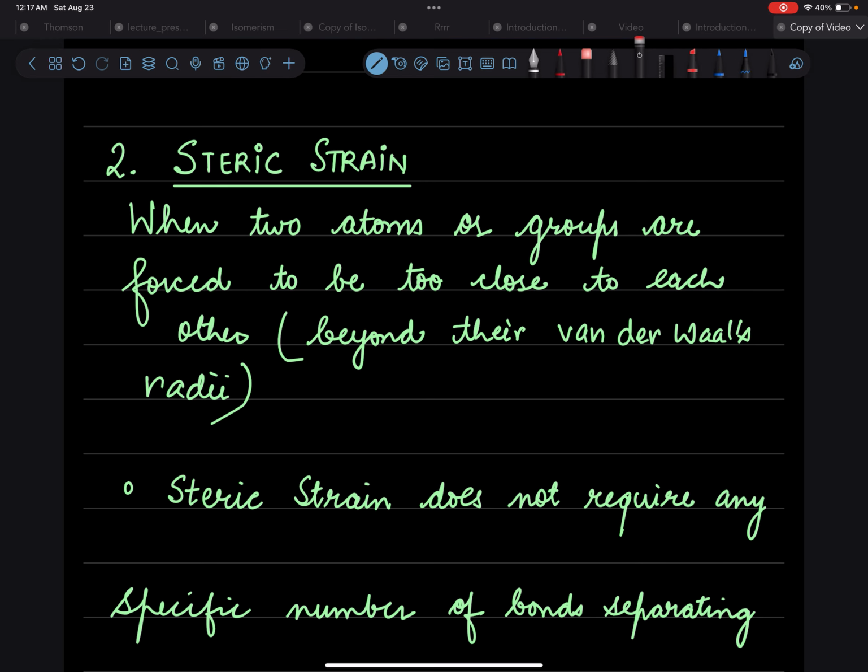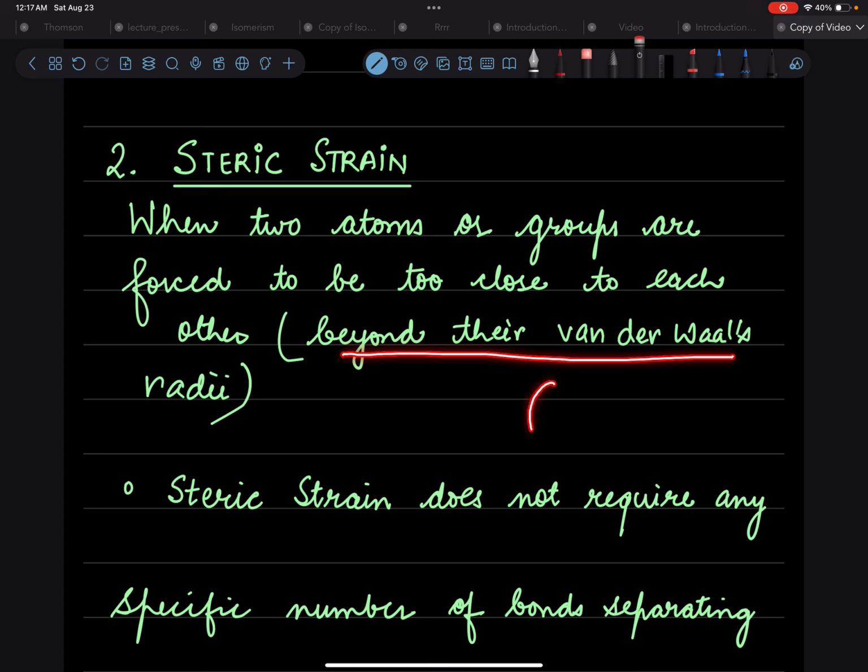Steric strain is when two atoms come quite close to each other in space, actually bumping into each other, or they come closer than their van der Waals radii allow.